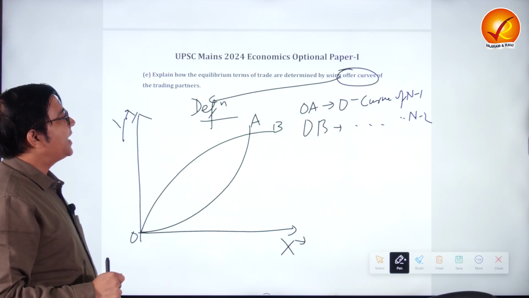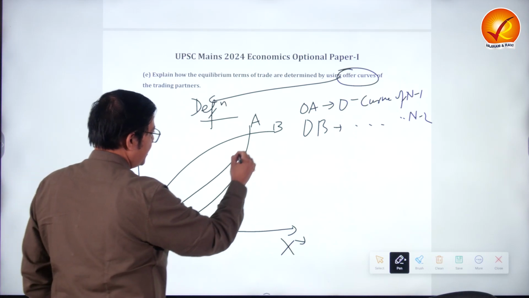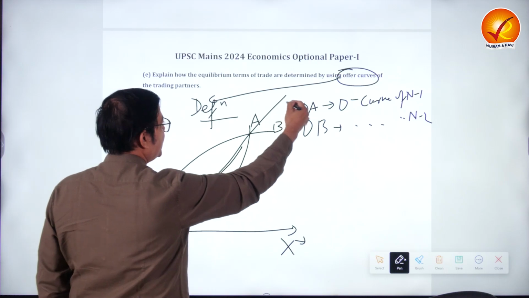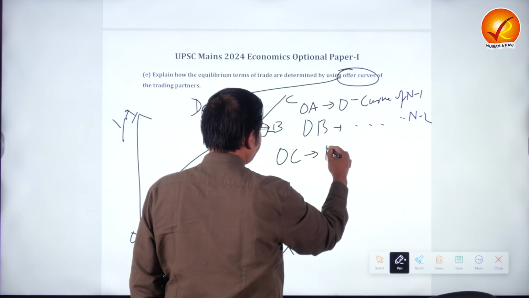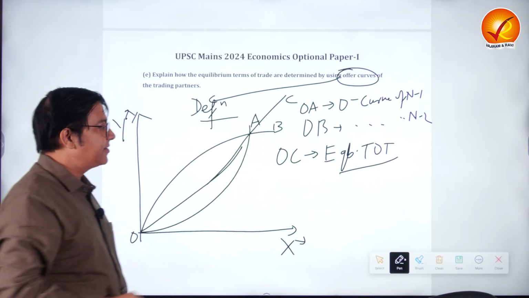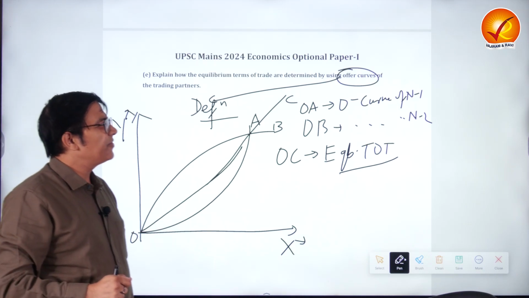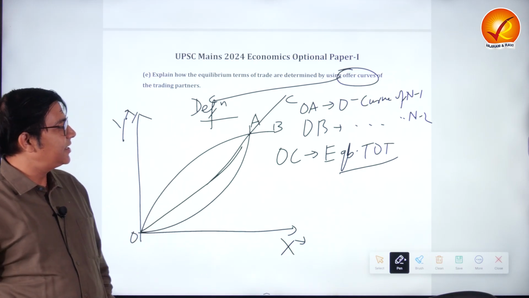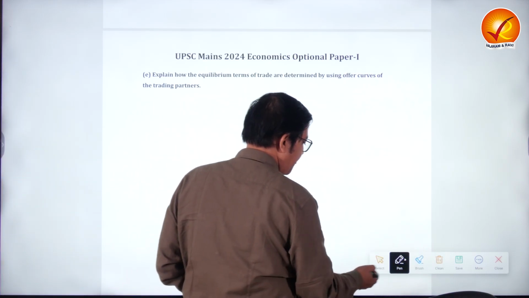Wherever the two offer curves intersect, we can draw a line from O, call it OC, and this OC determines the equilibrium terms of trade. Terms of trade just means the relative prices at which trading will take place. This is one of the most standard questions. Without any innovation you can answer it, and don't forget to draw the graph.